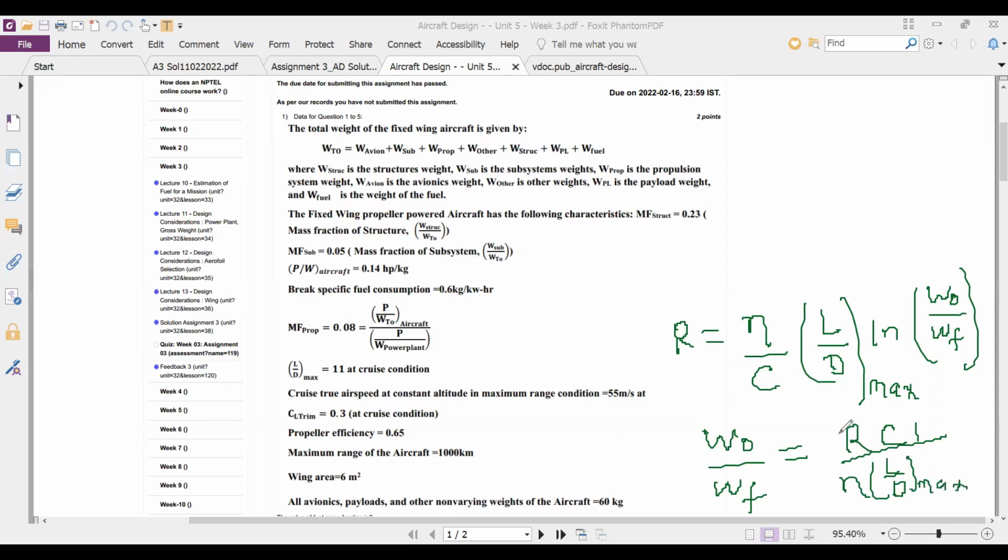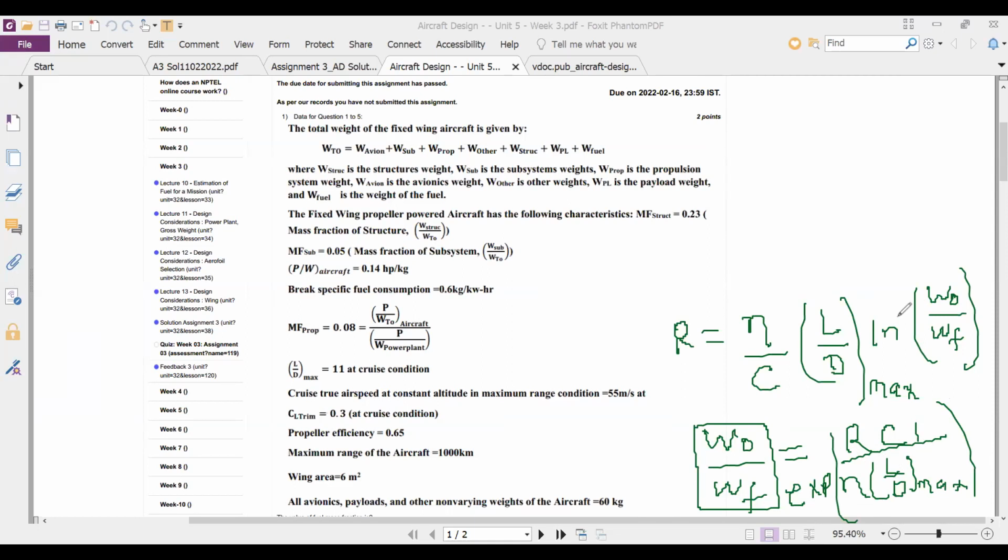And it will sit on the exponent, raised to the power. So that is W naught by WF. But is it our answer, or is the answer something else?